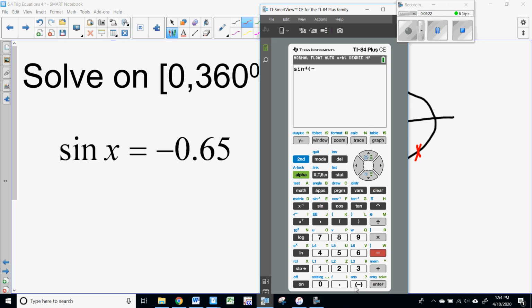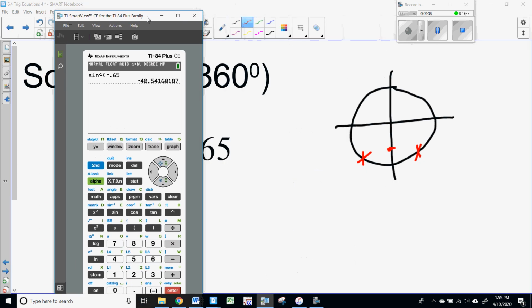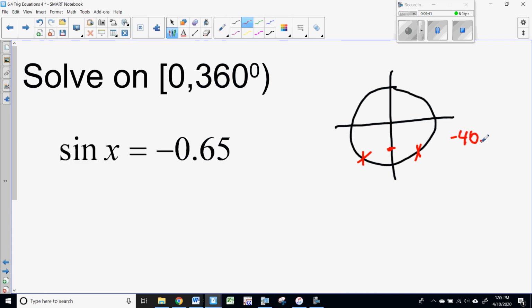I do negative 0.65, and I get negative 40.541. So that answer that the calculator gave me is this answer.